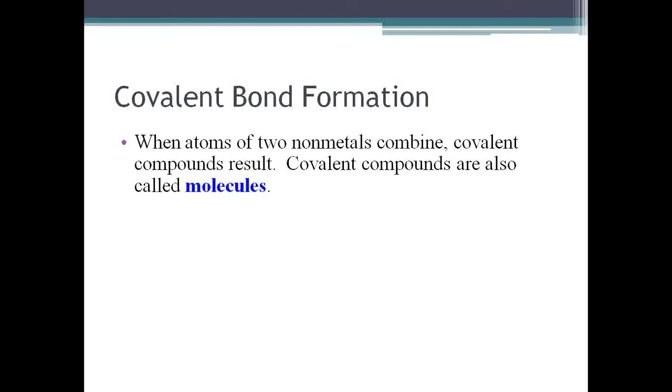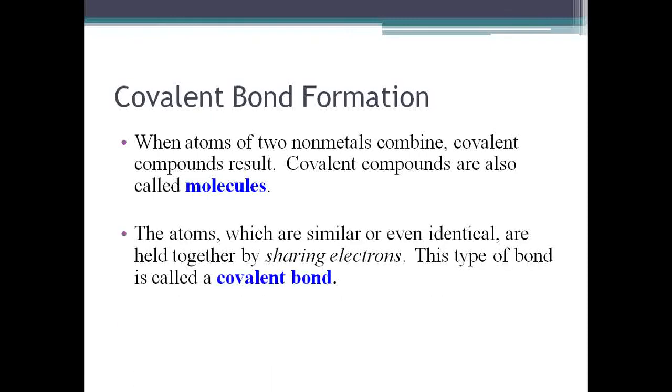That is, they're not attractions between two oppositely charged particles, but it's because they're actually sharing electrons. When atoms combine and form these particular types of compounds, they're referred to as molecules. Okay, now I've already brought this idea up that in this case, instead of this give and take arrangement that I was talking about with ionic compounds, this is all about sharing electrons.